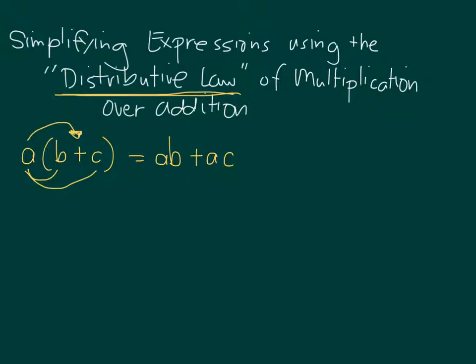That is why we call it the distributive law. We are distributing A to the sum of B and C, which in turn becomes AB plus AC. So how will this law be applied to some other expressions?